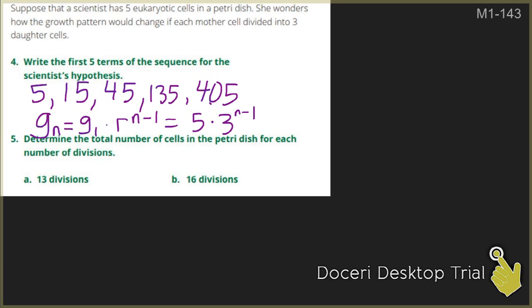So then when we move down here, 13 divisions really means the 14th term. So we are looking for g14. The 14th term is going to be 5 because it's our first term, times 3 because it's our common ratio, and then 14 minus 1, which means 13 divisions, to the 13th power.